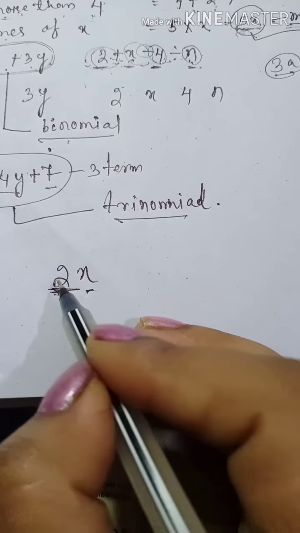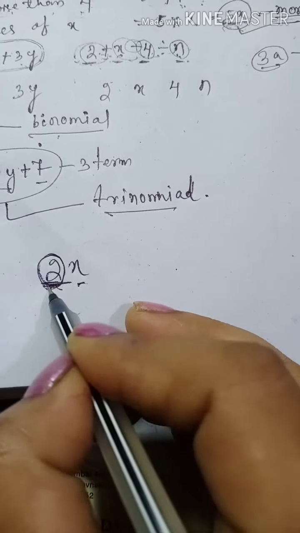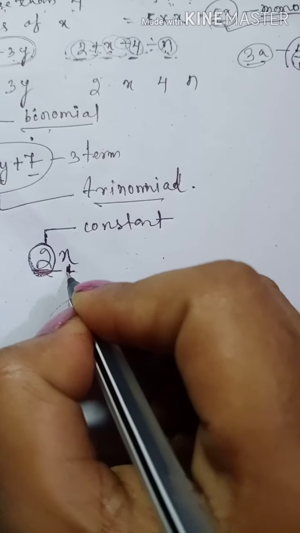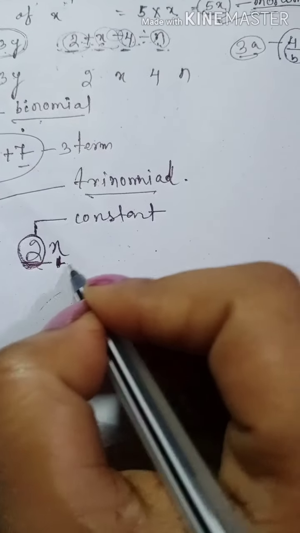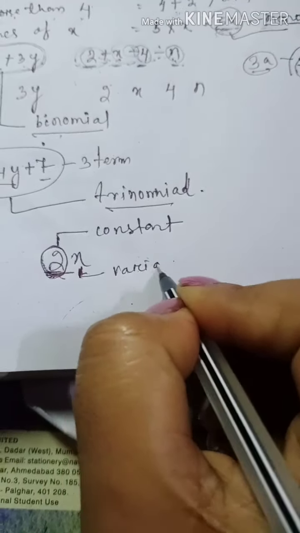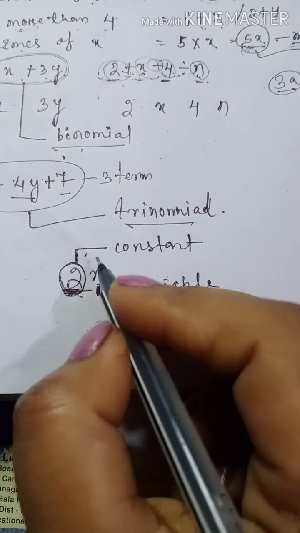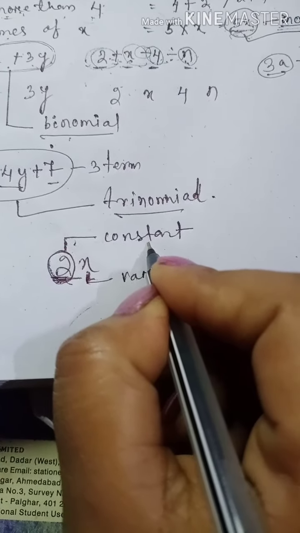As the number is a fixed quantity, a fixed value, it is known as the constant. But as the other is an unknown quantity, it is termed the variable. You know, it was already told. It is the literal, so it is a variable. Whereas the numbers which represent a fixed value are termed the constant.